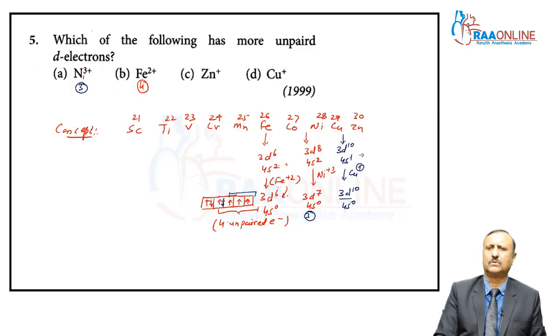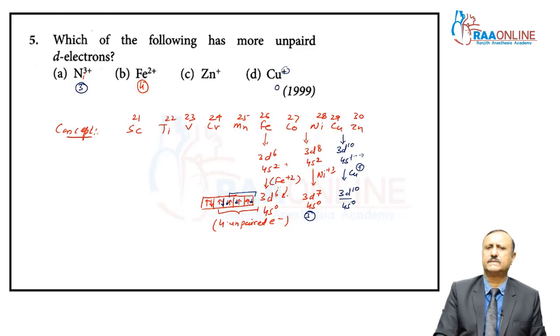No electrons are unpaired here: 3d10, 1, 2, 3, 4, 5, 6, 7, 8, 9, 10. Here 10 electrons are filled, so no unpaired electrons are present in Cu plus 1. When this Cu plus 1 is present, 1 electron is removed, so here 4s0, 0 unpaired electrons.